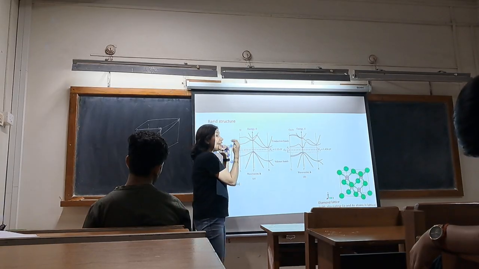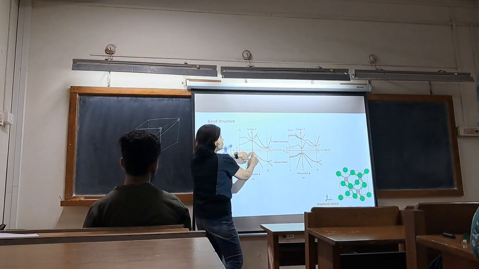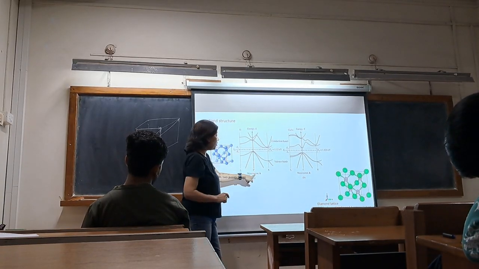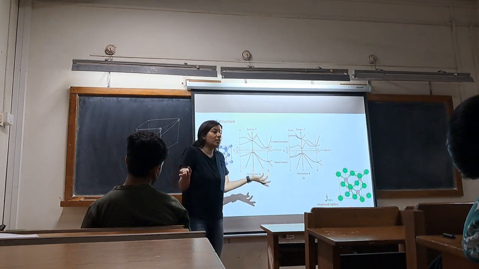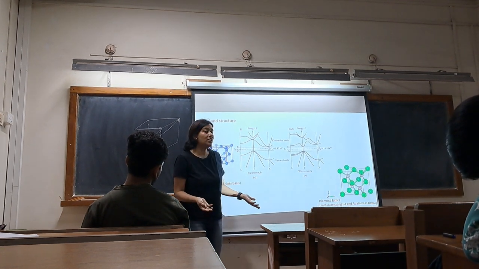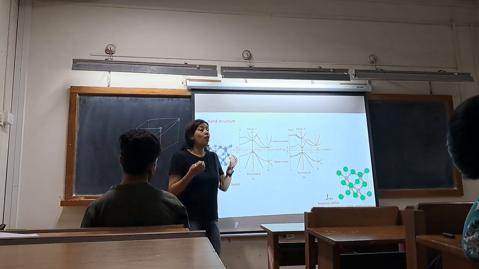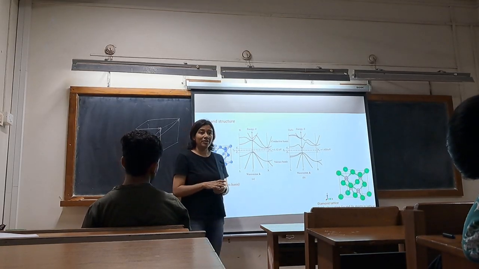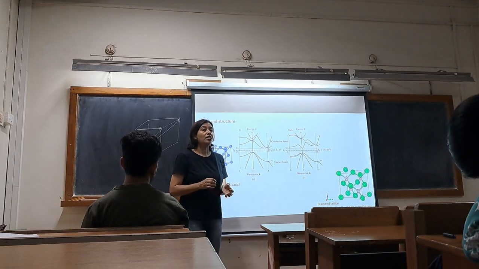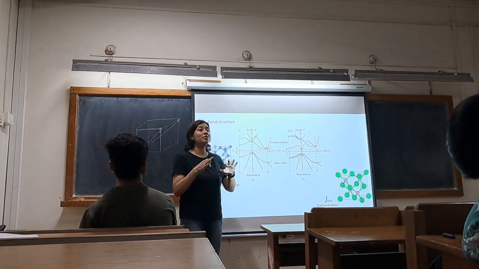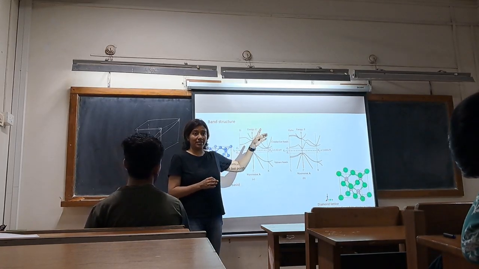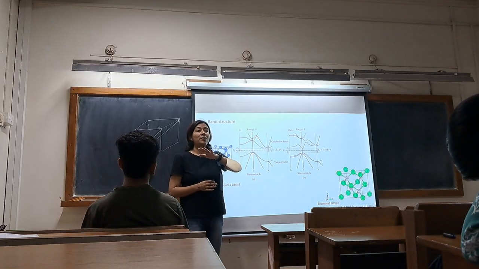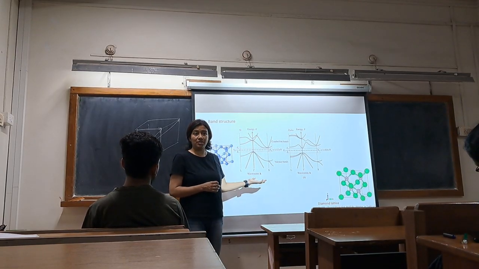But in our case in silicon, I know it has to go from here to here. So I have to change my k vector. To balance this, I need a third particle, a quasi-particle, to balance my momentum in this situation.